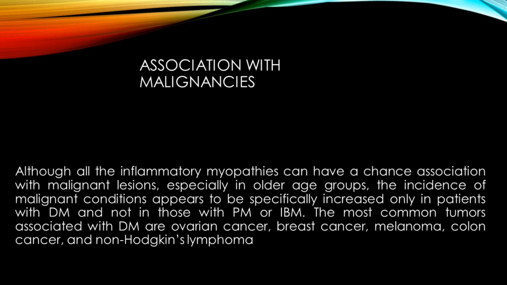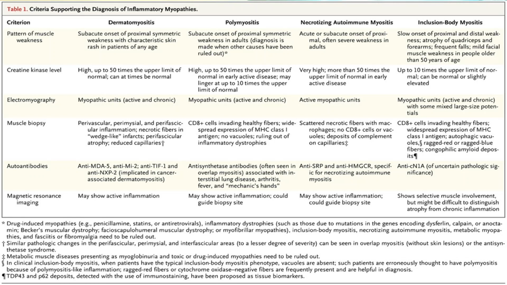The most common tumors associated with dermatomyositis are ovarian cancer, breast cancer, melanoma, colon cancer, and non-Hodgkin's lymphoma. Let's repeat it one more time: ovarian cancer, breast cancer, melanoma, colon cancer, and non-Hodgkin's lymphoma.